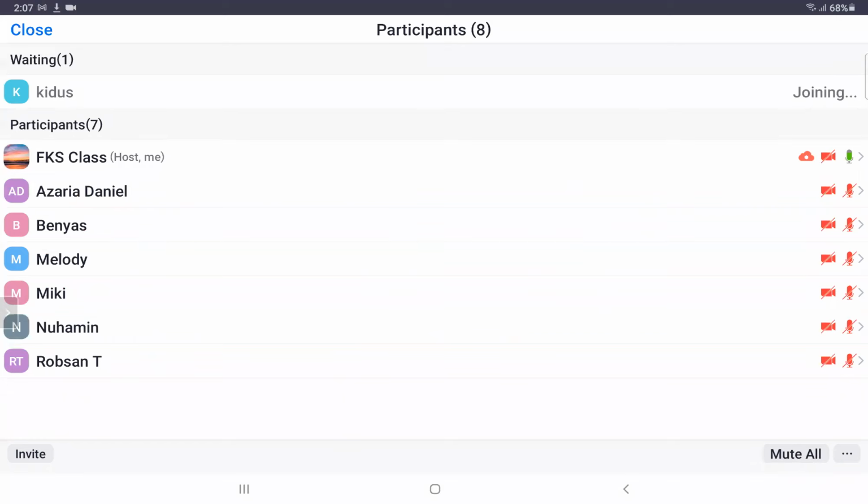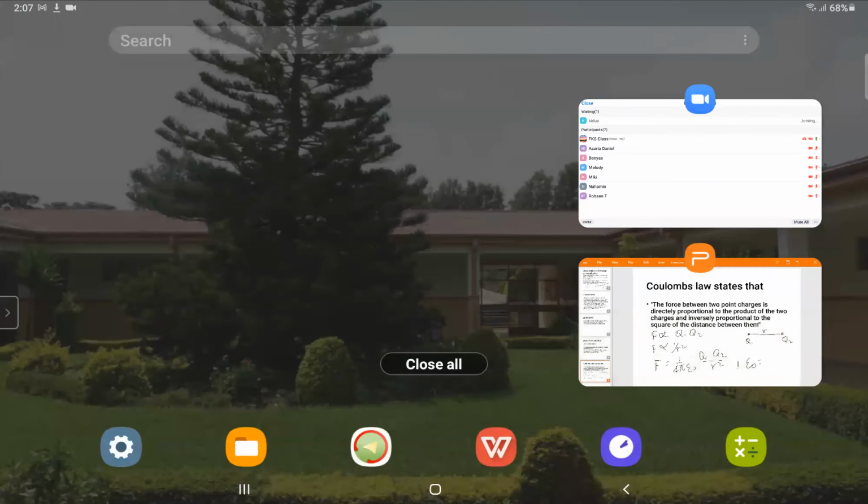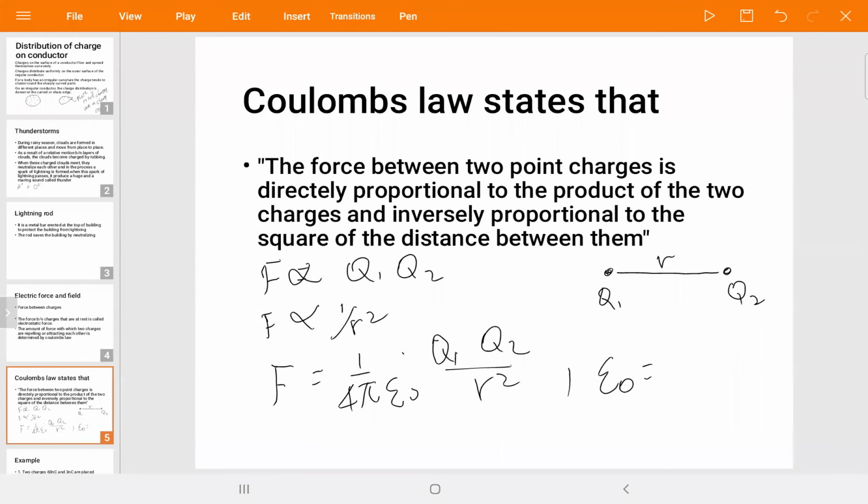If the two charges are placed in a vacuum, we use epsilon naught. Whereas if the two charges are placed in a material, then the material will have its own permittivity value.